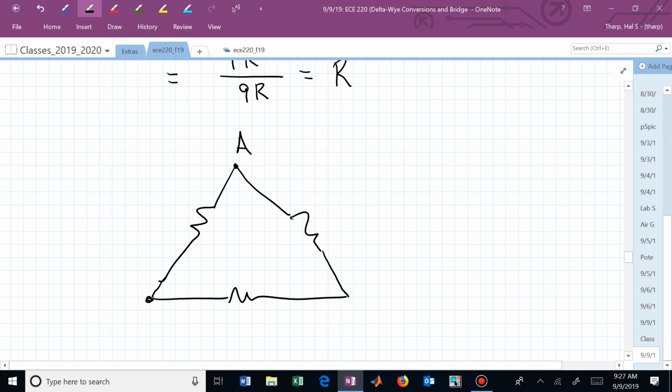If we sketched that, it doesn't really matter, but if you're redrawing this in some network, you may need to keep track of the nodes A, B, and C. But if this is now 3R, 3R, and 3R, and you wanted to replace that with a Y, what would that vertical resistor be?